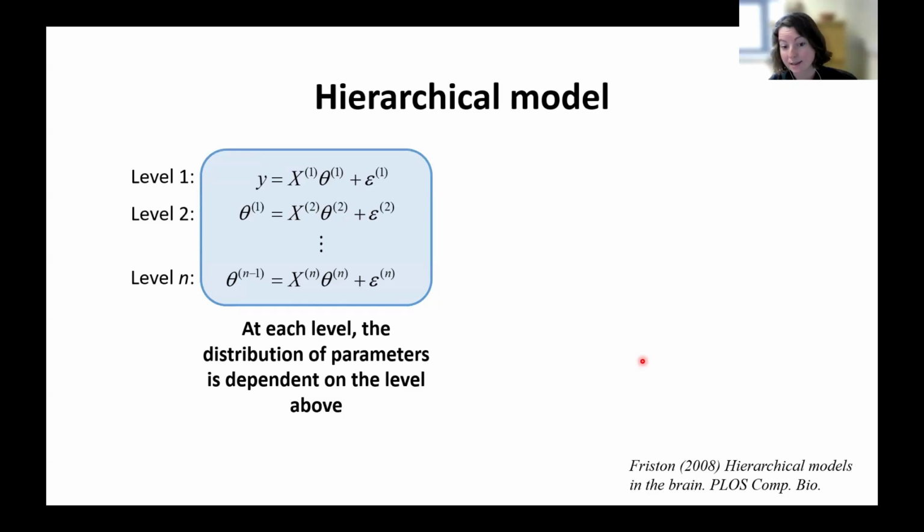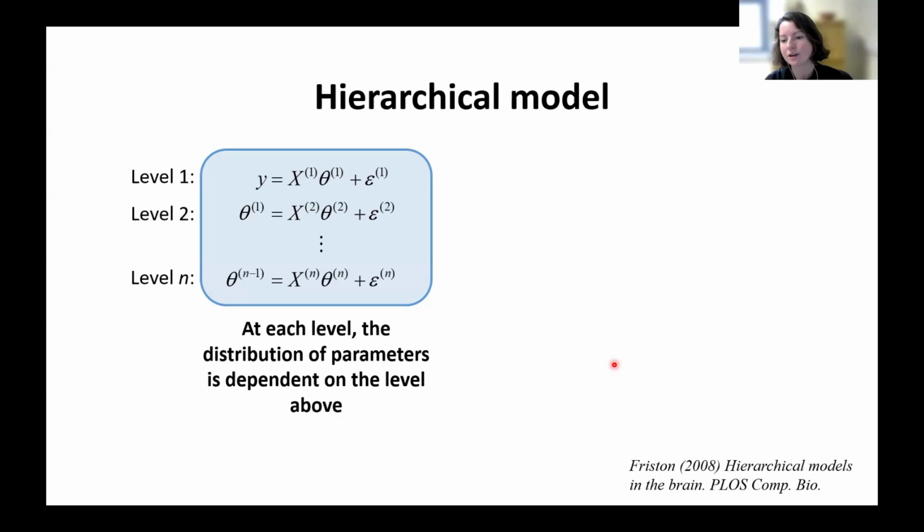To do this more sensitively, the gold standard approach that SPM would recommend is using a hierarchical model that takes into account both within and between subject variance, which guarantees the best results given your data. In the summary statistic approach that I just showed you, we only took into account the between subject variance. And in the fixed effects analysis, we only took into account the within subject variance.